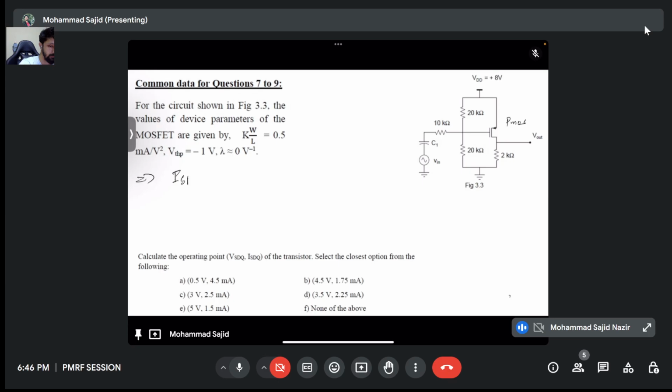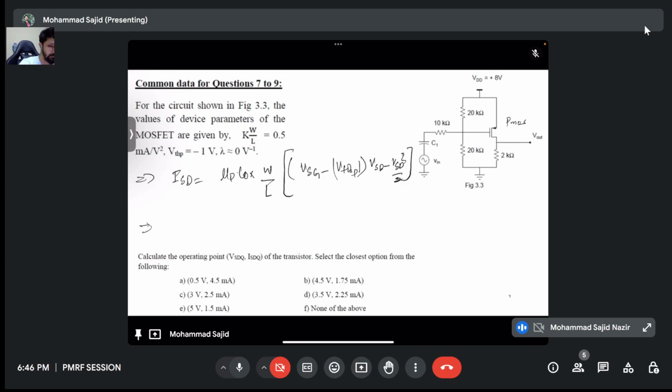So ISD is mu P C ox W by L, VSG minus VTHP into VSD minus VSD whole square by 2. So this is the formula for PMOS.